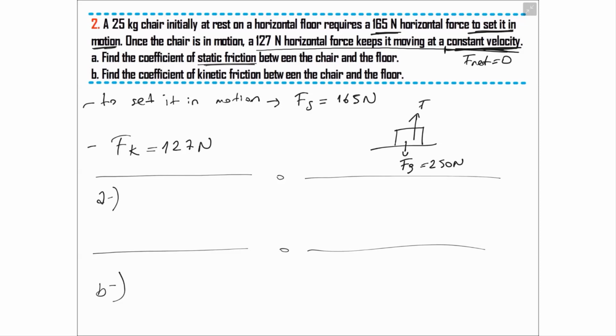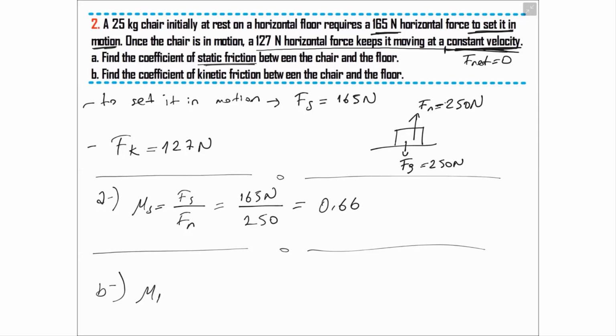So Fn will be 250 Newton again. For the A, it's asking the static friction coefficient, that means mu s equals Fs over Fn. Fs is 165 Newton over Fn is 250. 165 over 250 is 0.66.